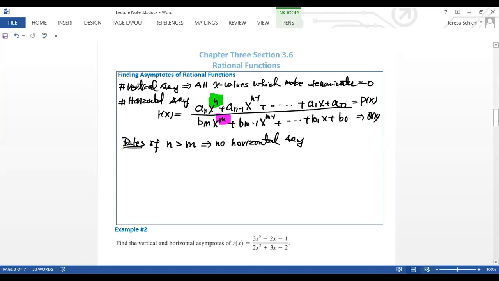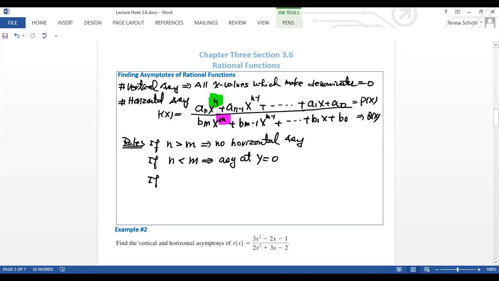And if n is less than m, that means the bottom goes very fast, the bottom is going to become infinity. So that's why we have an asymptote at y equals 0, which means the asymptote approaches the x-axis.